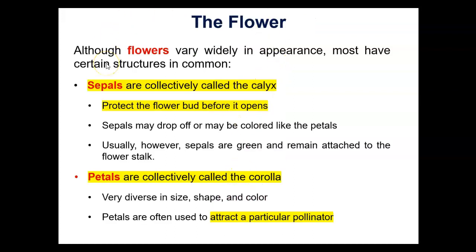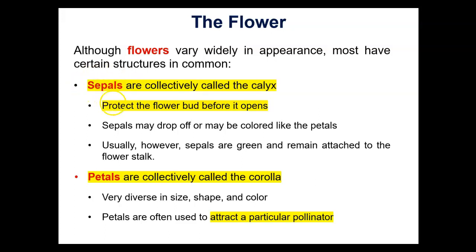And okay, so the flower itself, you need to know the parts of the flower, since that is the reproductive structure of an angiosperm. The sepals are the little leaflets that form the bud of the flower before it blooms.